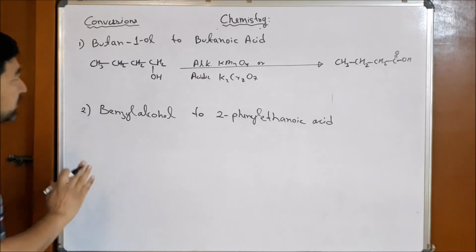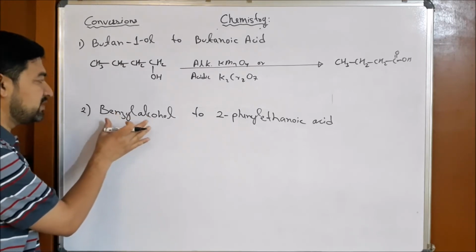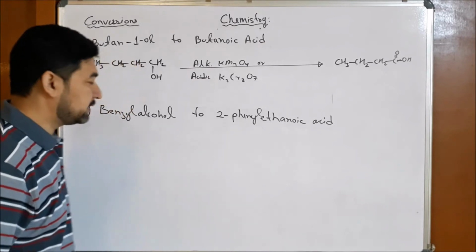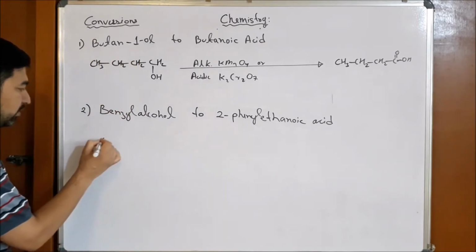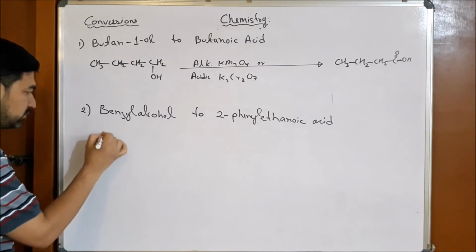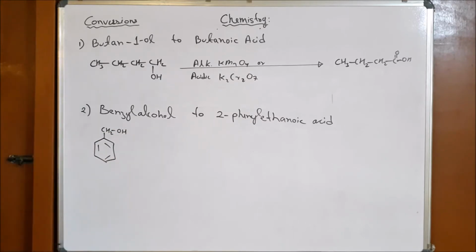The next conversion I have written here is benzyl alcohol to 2-phenylethanoic acid. So benzyl alcohol is CH2OH with the benzene ring.